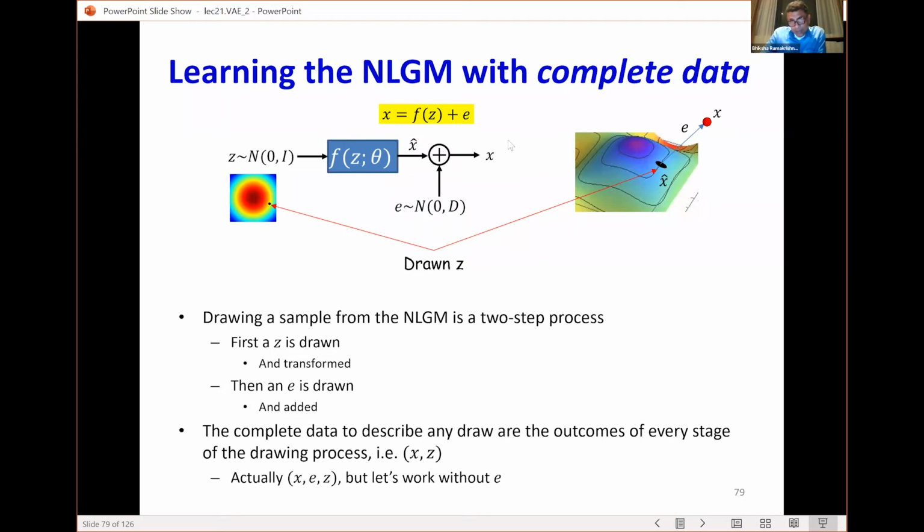And so the complete data is going to be x and z and e. But you don't need all three. It's sufficient to have just x and z, because if you're given x and z, then e is implicit, right? So the complete data in order to describe any generation is x and z.